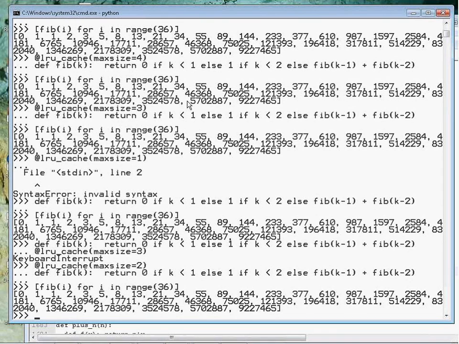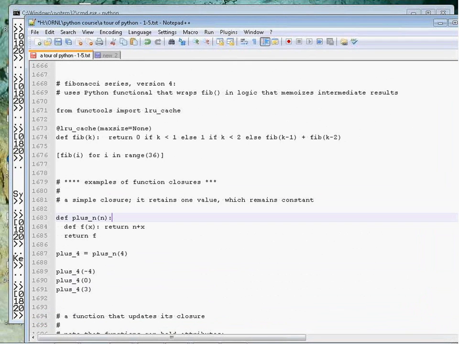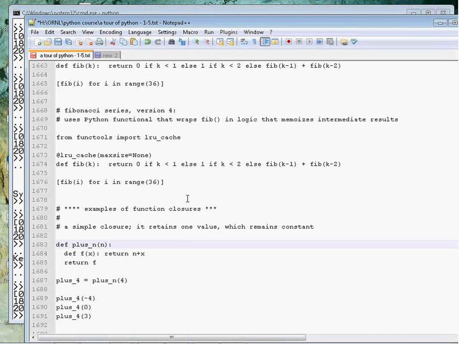Okay. So here are things that you're probably not used to either. Closures. I'd like you to run the examples in lines 1683 to 1691.